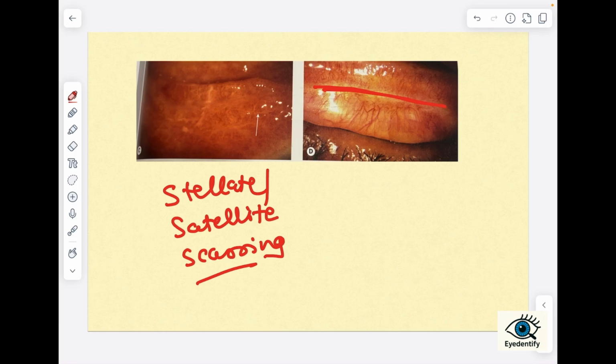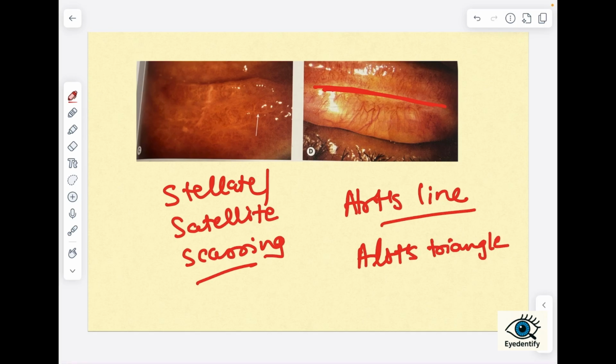This thick line is called Arlt's line. It is also a line occurring due to scarring of the tarsal conjunctiva. From Arlt's line we have to remember one more thing, the Arlt's triangle. The triangle is seen in acute anterior uveitis, where the KPs are situated in a triangular form. That is called Arlt's triangle.